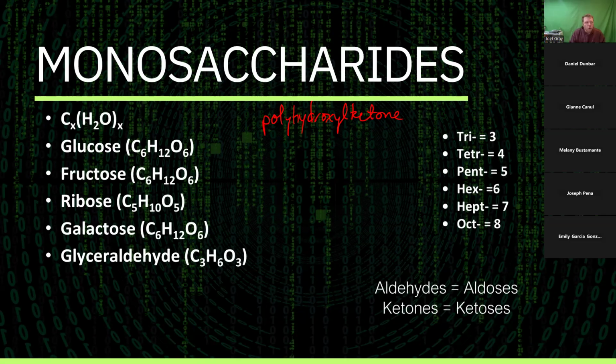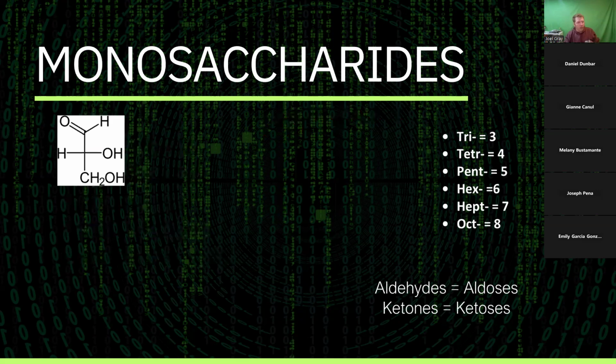So there are lots of hydroxyl groups on a sugar, but when it comes to your biggest division of types of sugars, we have either our aldehydes, which this is, a 3-carbon aldehyde, and we also have our ketones, also known as ketoses.